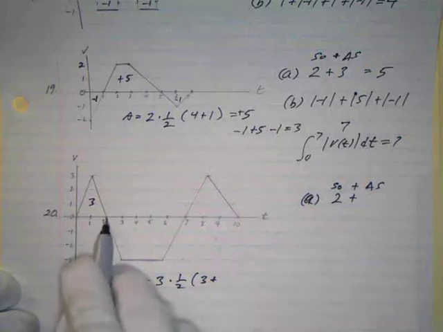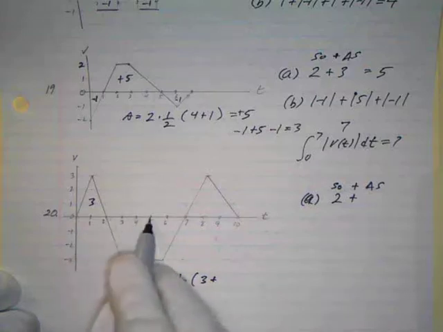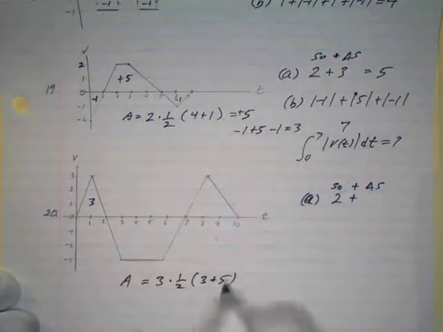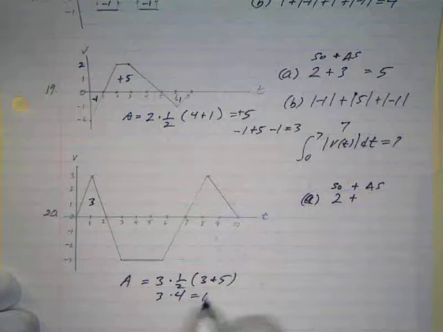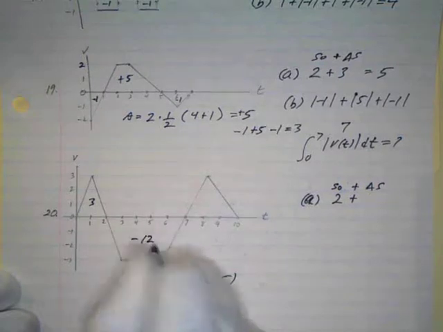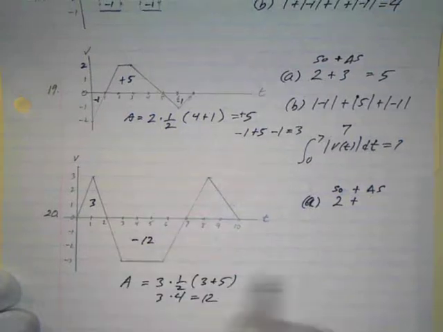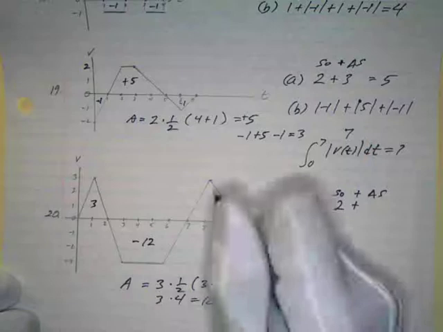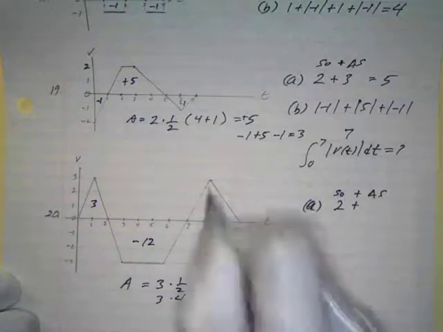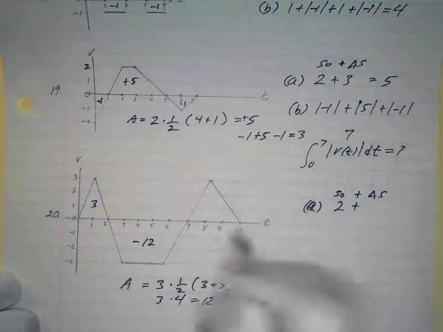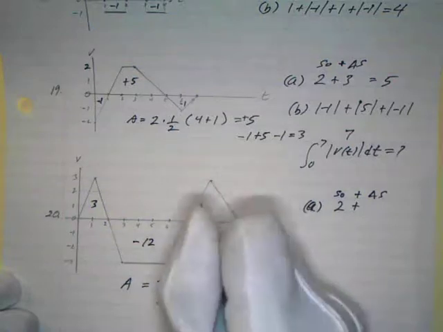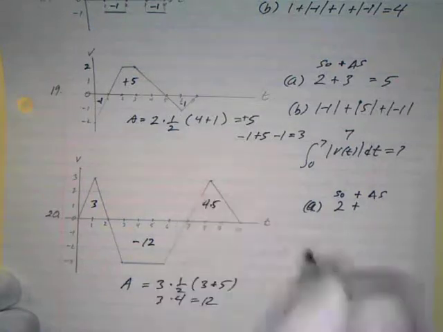And my base 2 are 1, 2, 3, 4, 5. So that's going to be 3 times 4. So that's going to be 12. That's going to be -12. And this triangle, 1/2 base times height. The height is 3, and the base is 3, so 3 times 3 is 9, so that's going to be 9/2 or 4.5.